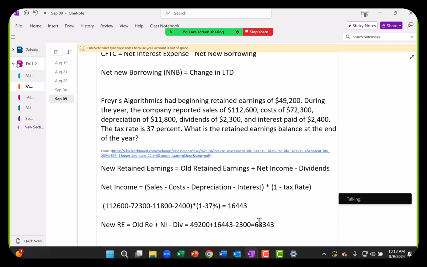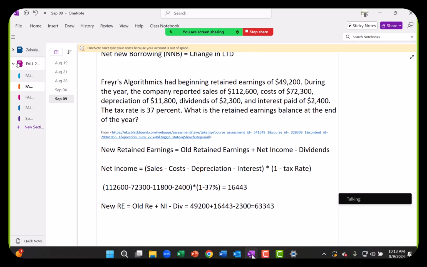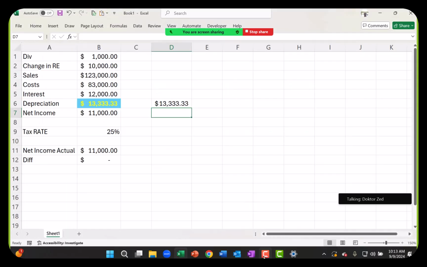That says all I have to figure out is what am I missing? Let's do another problem, hopefully a cash flow problem, because these things are random.